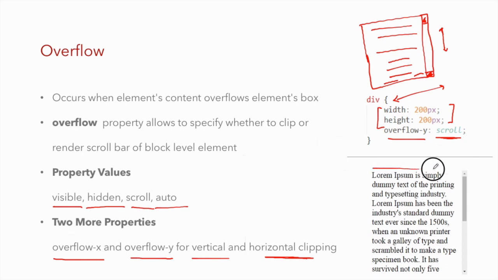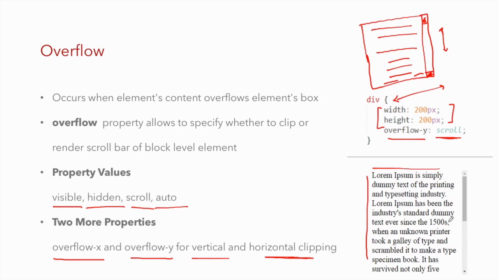So this is how the output would be. This is height and width specified for that div element, and because of overflow-y, the scroll bar has got added over here. When you specify visible, even if the text is not overflowing, a scroll bar will be displayed, as in the scroll bar will always be there, but it will be in the disabled state in case the text is not overflowing, and it will get automatically enabled if the text is overflowing.